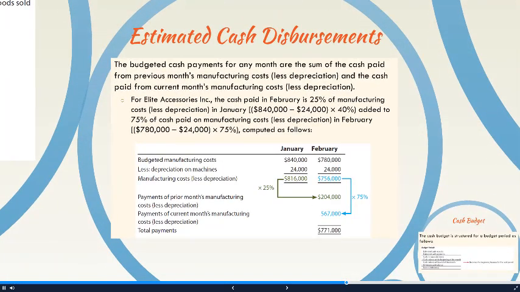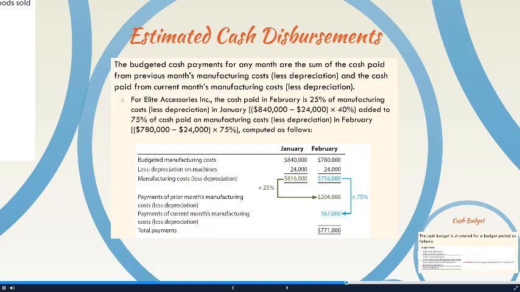The second step in our cash budget is to estimate our cash payments. Cash payments must be estimated for manufacturing costs, selling expenses, administrative expenses. We also have to look at capital expenditures, dividends, interest payments, or long-term debt payments. But again, we're only looking at actual cash that's being paid during that month.